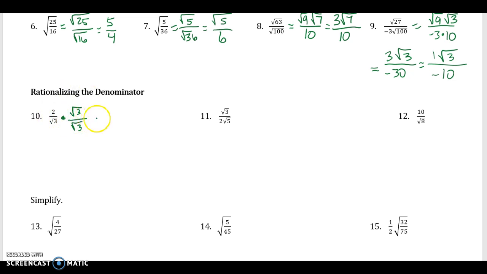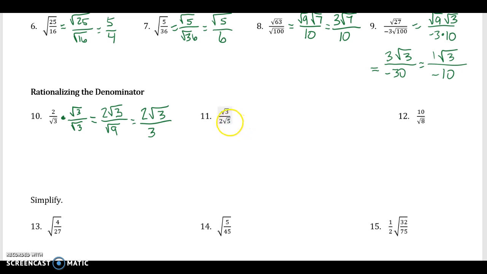The reason I have chosen this, you'll see here in a second. 2 times the square root of 3 on top. On the bottom, the square root of 3 times the square root of 3 is the square root of 9. And then what is the square root of 9? 3. So now again, we have no perfect square factors underneath the radical, and we have no radicals in the denominator, so we are finished.